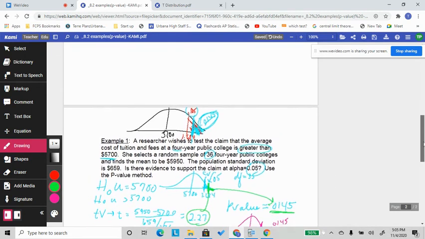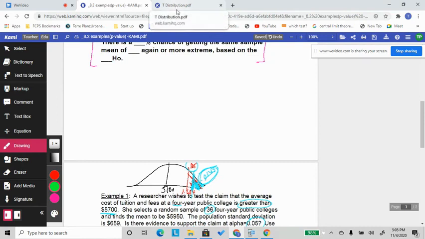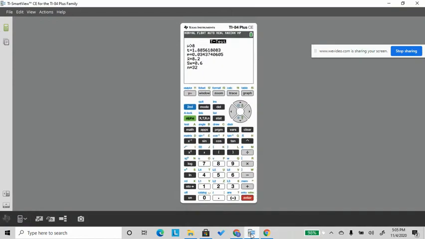So the test value came out to be 2.27. I can go to my calculator, go to second bars. You don't think you really need this, but I show it to you just in case. My lower was 2.27. My upper is just infinity. I'm just going to do one with a whole bunch of zeros.